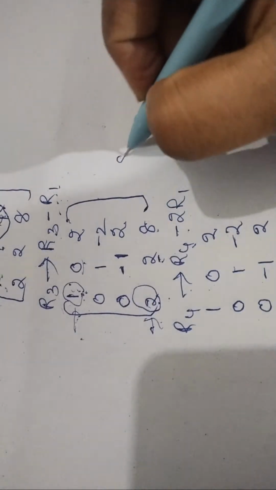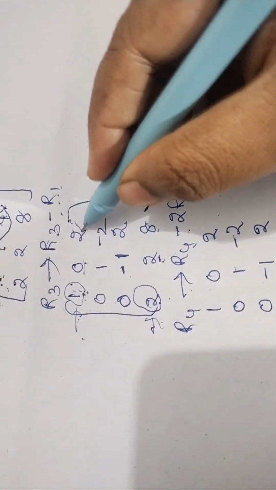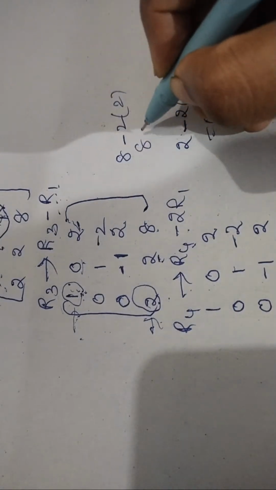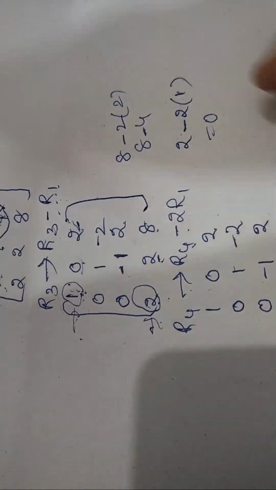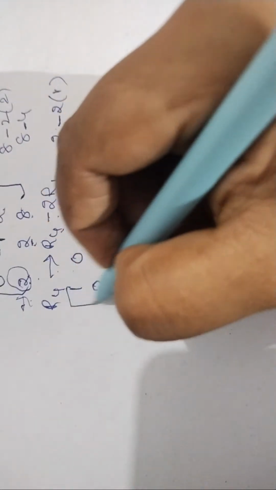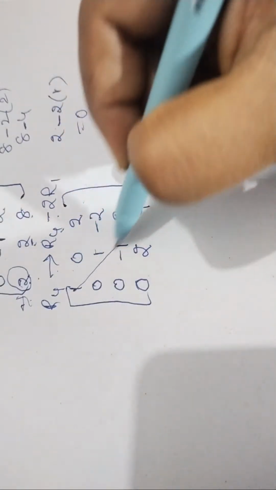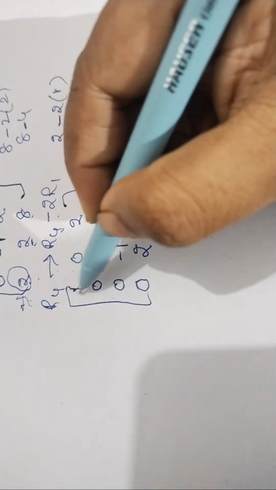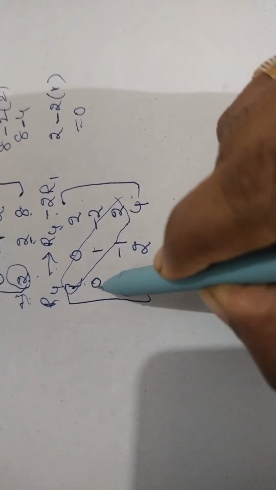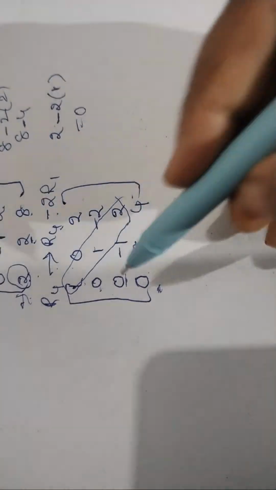R4 minus 2 R1. 8 minus 2 into R1 is, above this is R1, 2 into 2. 8 minus 4, that is plus 4. So I did R4 operation also. So under this diagonal, I made R2 0, R3 0, R4 0.